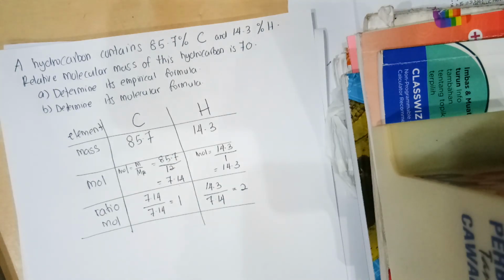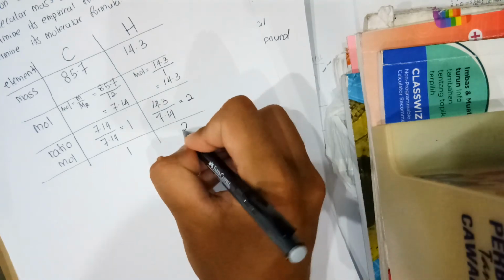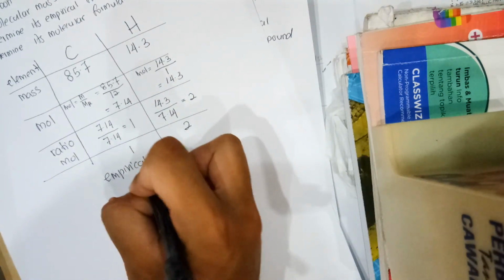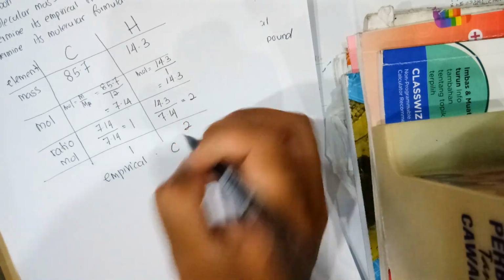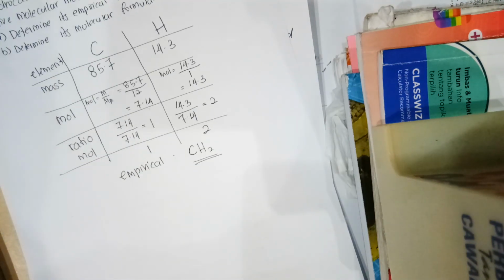So the ratio is 1 and 2, so your empirical formula will be C1, and I do not need to write down 1, H2. This is your empirical formula, CH2.